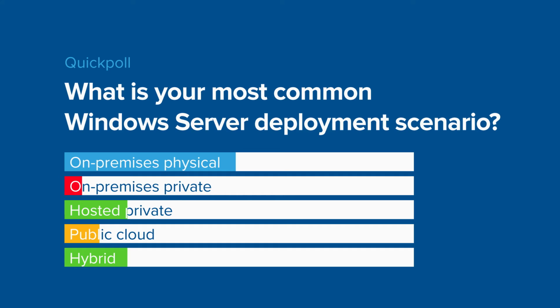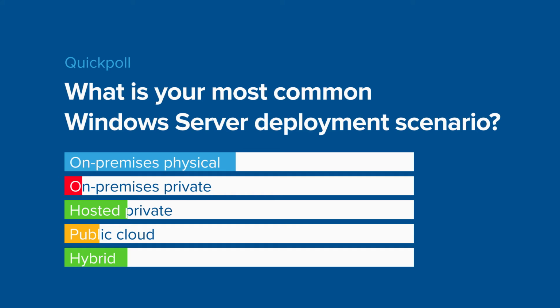Either on-premise physical servers, on-premise private cloud, hosted private cloud with a service provider, data center colocation, straight public cloud, so Azure, AWS, or more of a hybrid scenario where you have basically the connection between two of those options. So maybe you have a private cloud on-premise, but you extend to a public cloud.